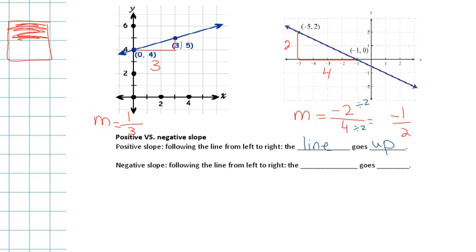So your line's going to look like this. Negative slope: following the line from left to right, the line goes down.